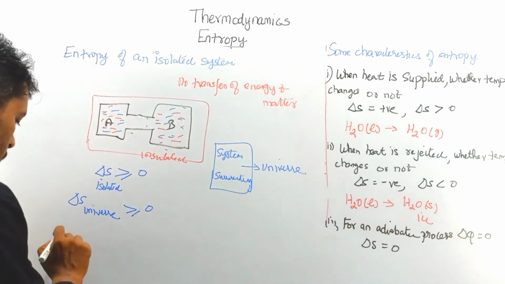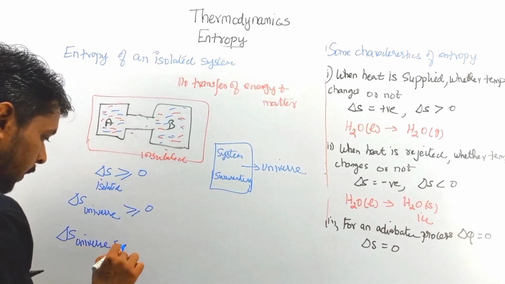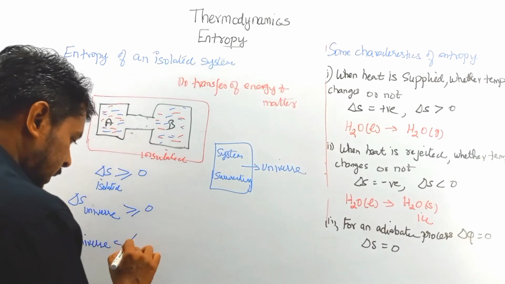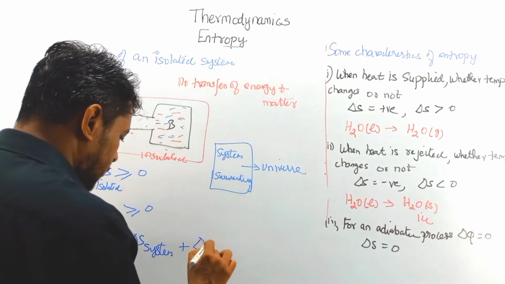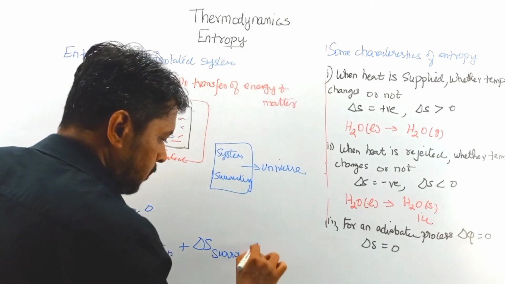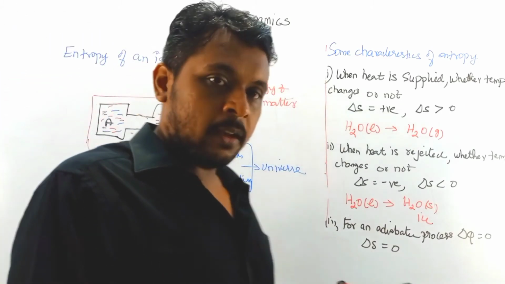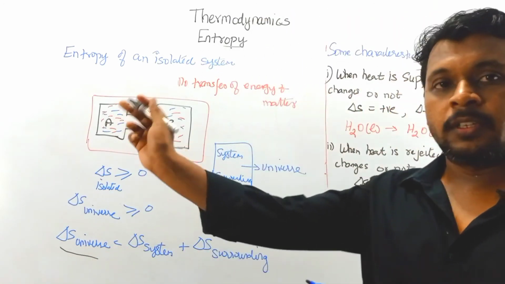So delta S of universe will be nothing but the summation of delta S of system plus delta S of surrounding.